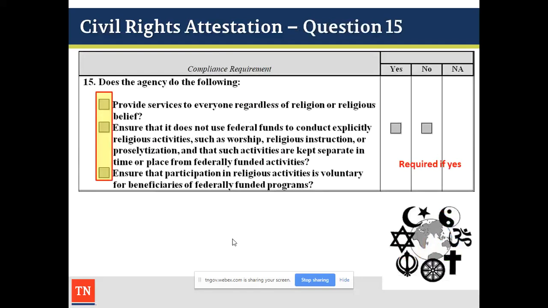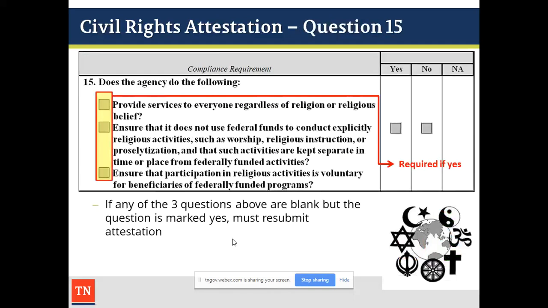The 15th question asks, do you discriminate based on religion? There are three semi-questions to question 15, and all three have to be answered in order to be able to answer the question yes.